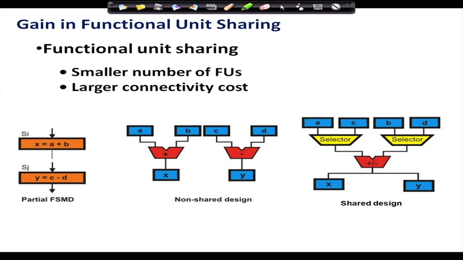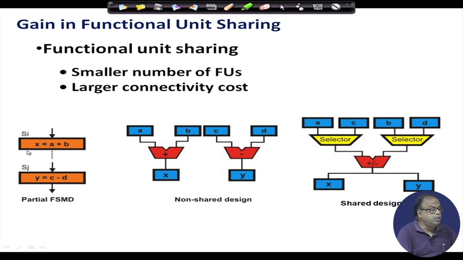Next, what do I gain by functional unit sharing? I again come with the same example: say I have A plus B going to X and C minus D going to Y. Here A and B, C and D are coming to 2 different functional units, but I can merge them into one ALU which can do both addition and subtraction.